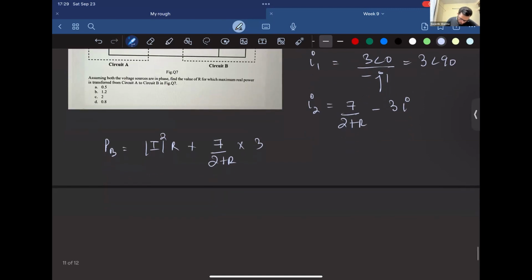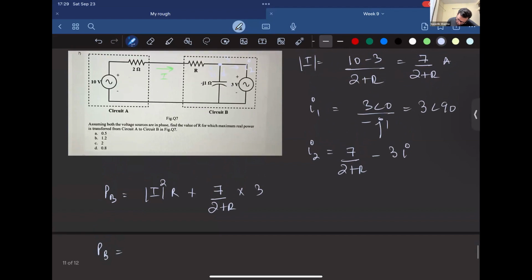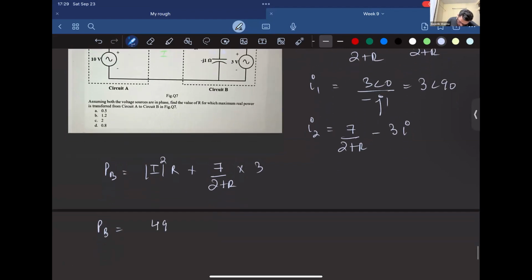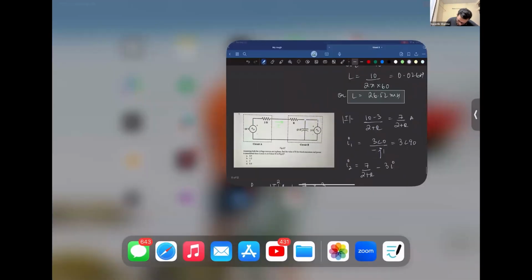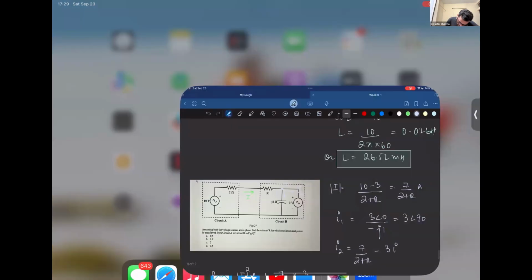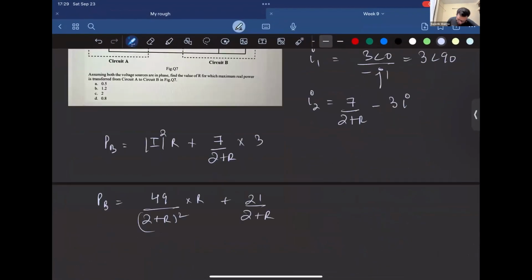So how are we going to solve it? Just equate all of the values. So 49 upon (2 plus R) squared multiplied by R, plus 21 upon (2 plus R).